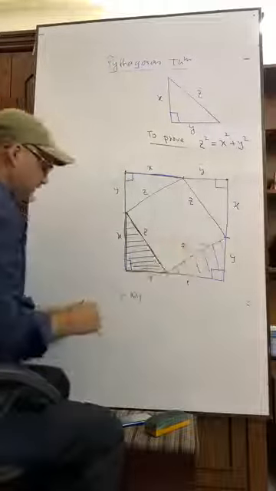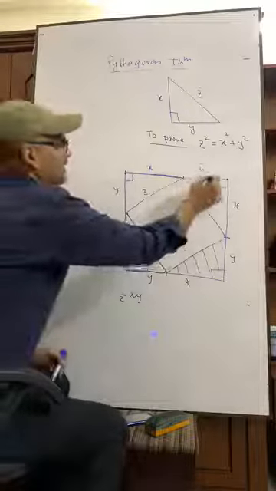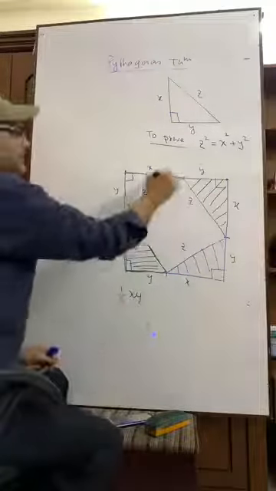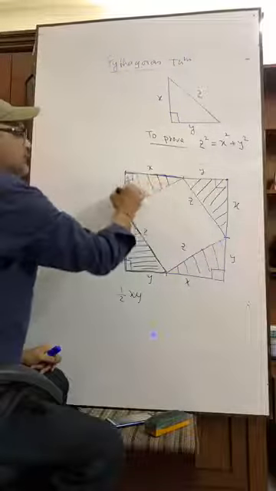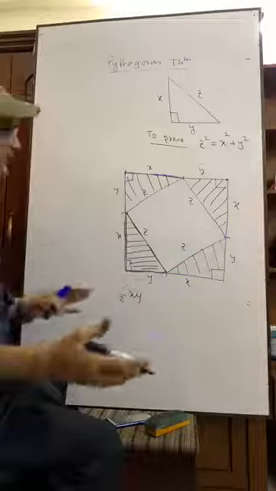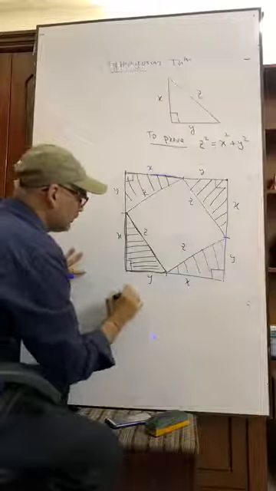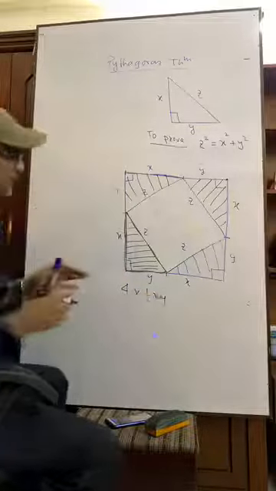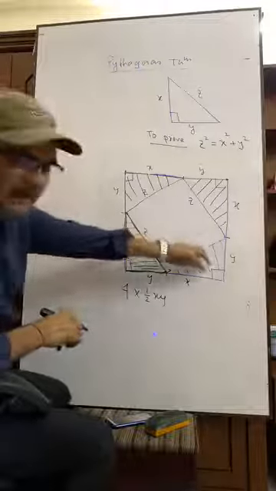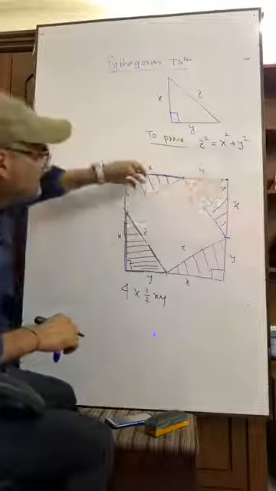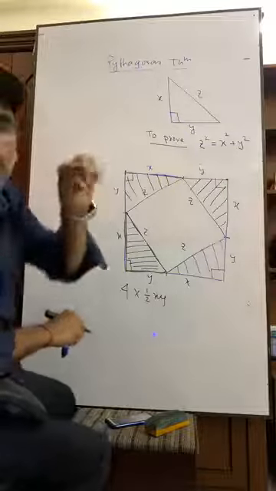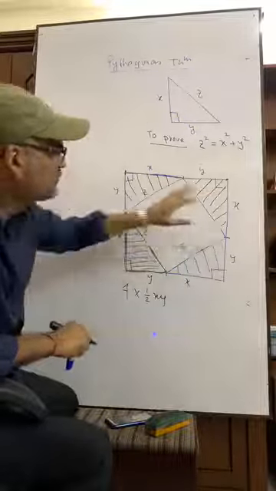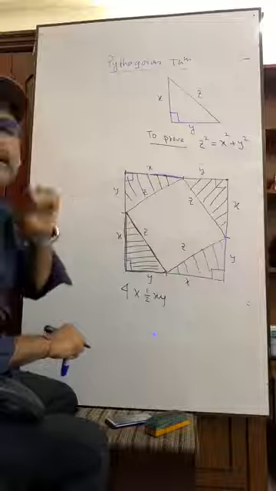This is half xy, this is half xy, this is half xy, this is half xy. So we are getting 4 into half xy. There are 4 right angle triangles.